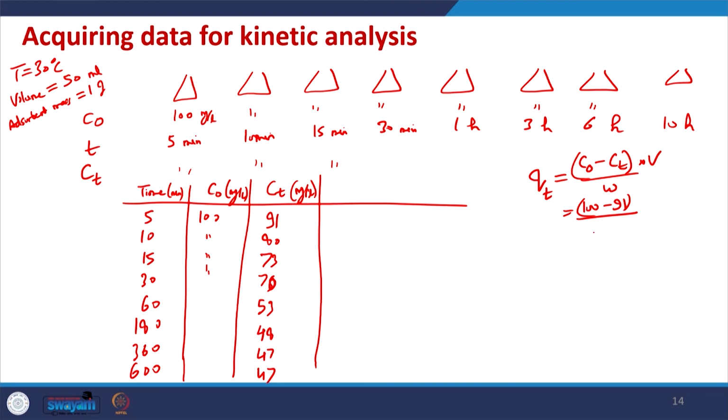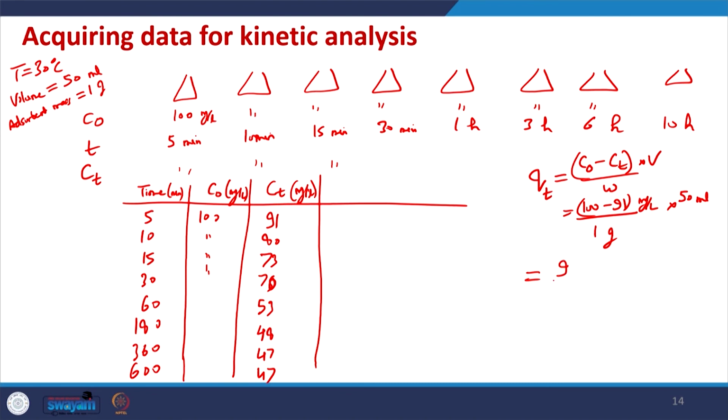We have taken 1 gram. So, here it will be 1 gram, everything will be in milligram per liter, and the volume we have taken as 50 ml. So, we can further solve it.